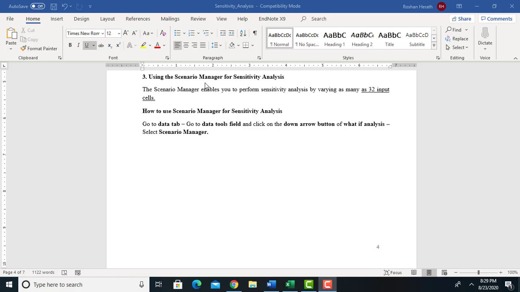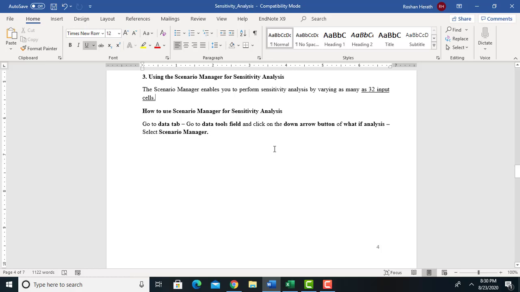Under the best case scenario, what is your output? Under the most likely case, what is your output? And under the worst case scenario, what is your output, or it may be outputs. And that's how we make use of this scenario manager. Simply put, to test the scenarios, you'll be using the scenario manager.